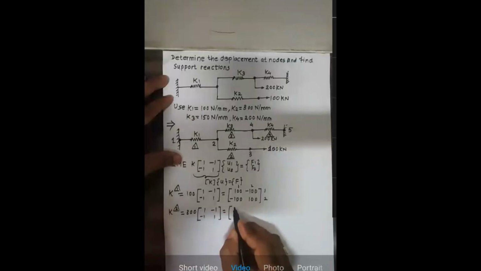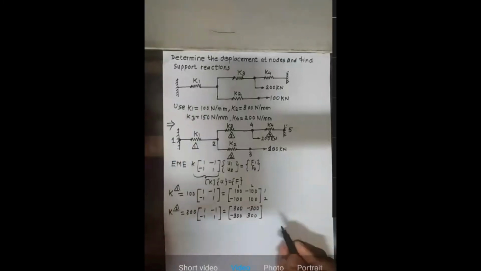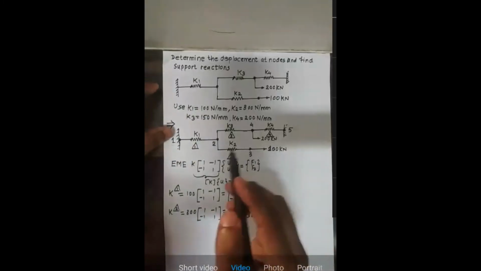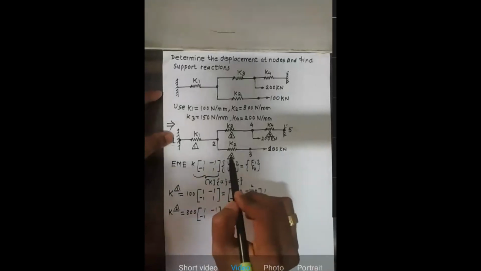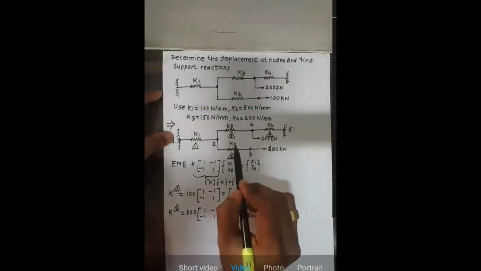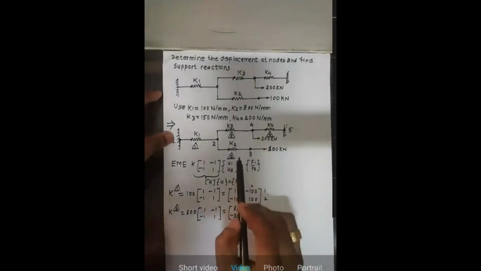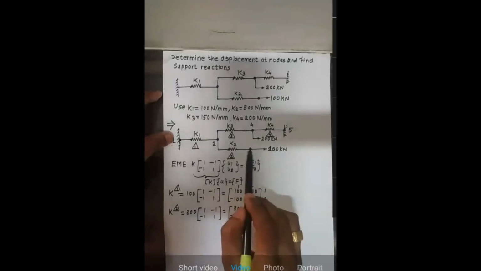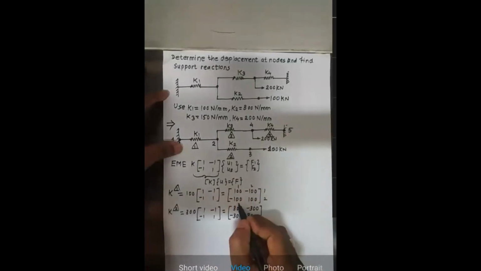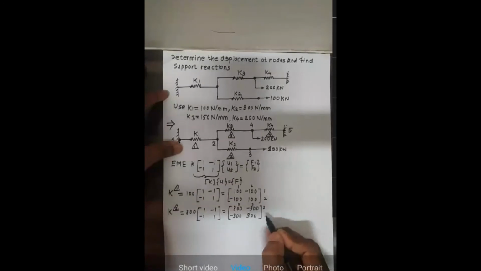You'll get 300, minus 300, minus 300, and plus 300. Element number 2 has stiffness K2, and the value of K2 is 300 that we have taken. Element number 2 is between node 2 and 3, so here you need to write down 2, 3.